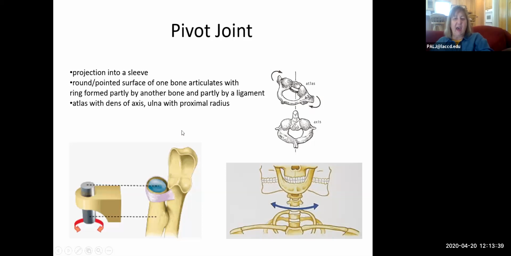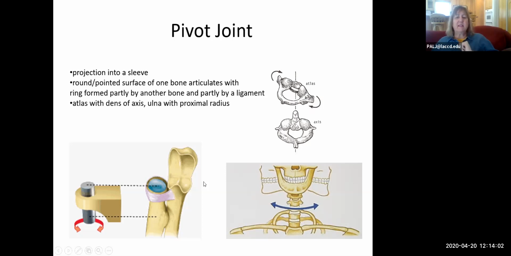The third type is a pivot joint. Basically, we have a bone that either forms a circle or a bone that has a ligament attached to it, and another bone will fit into that, so that we have a bone articulating with a ring that is partly bone or completely bone.